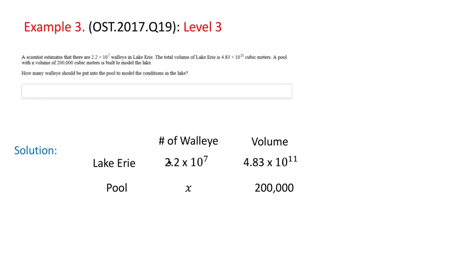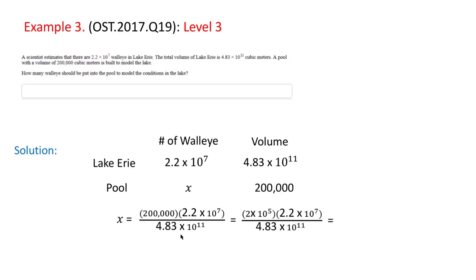Now, you use cross multiplication, this times this divided by this. This times this divided by this gives you x. So x is equal to 200,000 times 2.2 times 10 to the power 7 divided by this.